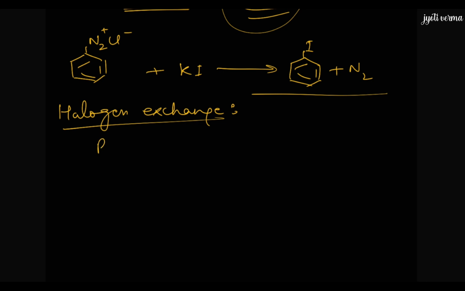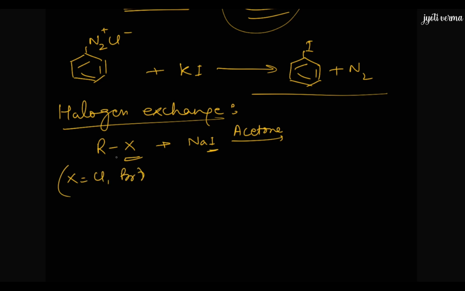So what is this reaction? Say for example RX, and if we do its reaction with NaI or KI, anything, and if we reflux in presence of acetone, then what will happen? This halogen will undergo the exchange with iodide ion. What is this halogen? It may be either chloride or bromide, that's all.